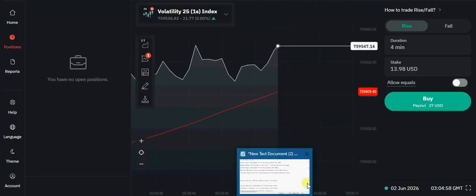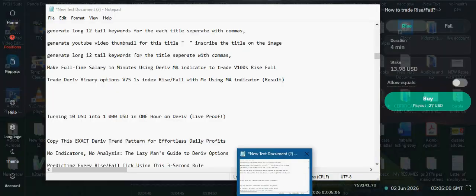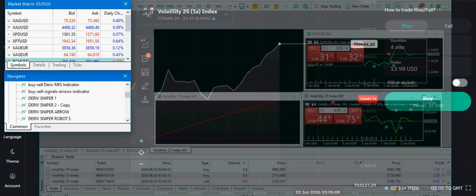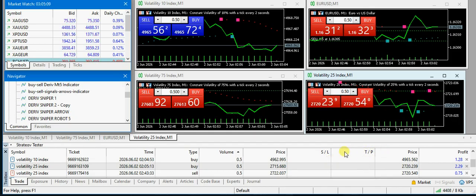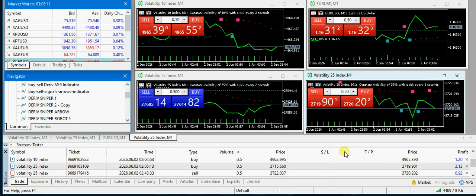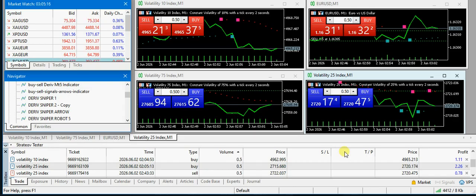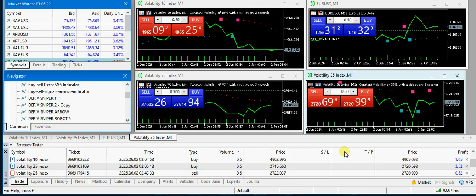So let's check the... So we're currently using the buy sell indicator right here on the MT5. This is the MT5 Deriv trading interface. So we're using the indicator on the V10 chart, on the V25 chart, and the V75 chart as well, and also the Euro USD. That's the Euro USD right there.